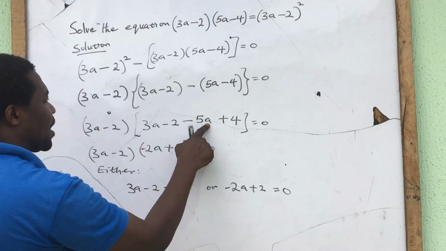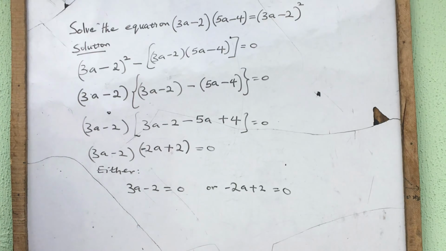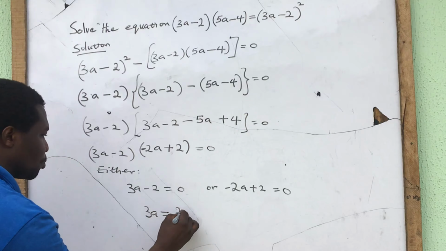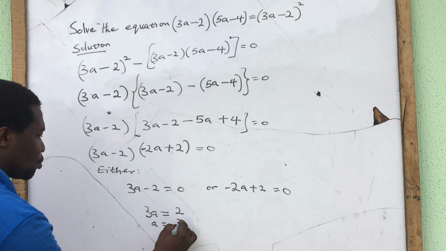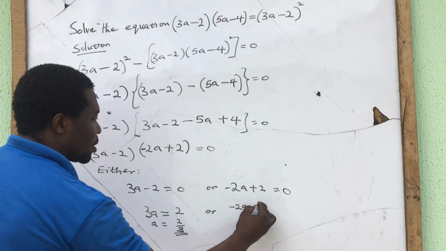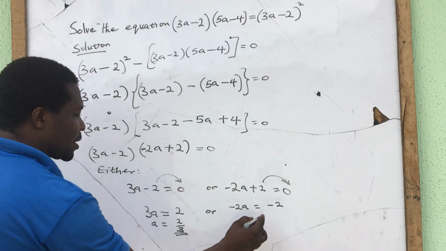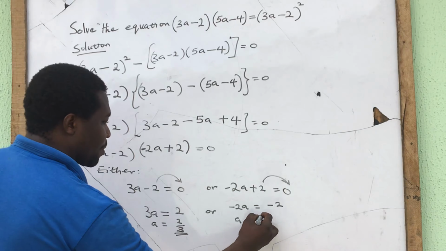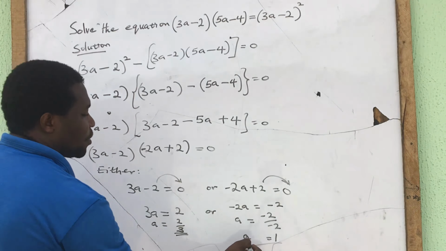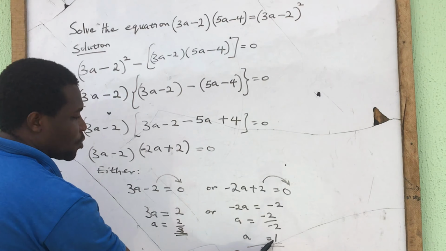So 3a equals 2, therefore a equals 2 over 3, or minus 2a equals minus 2, so a equals minus 2 over minus 2, that is a equals 1. So the values of a are a equal to 2 over 3 or a equal to 1.